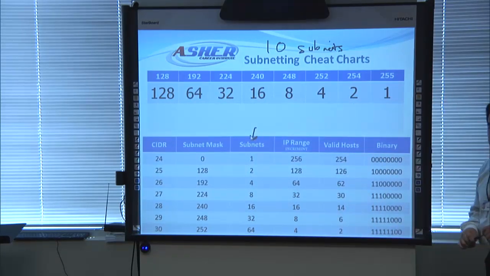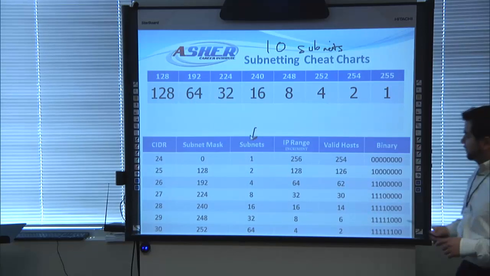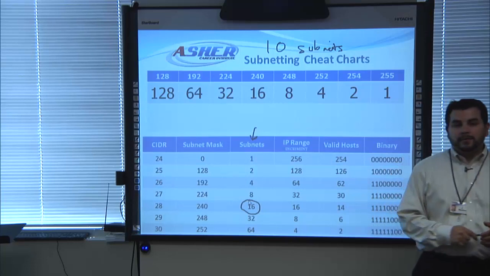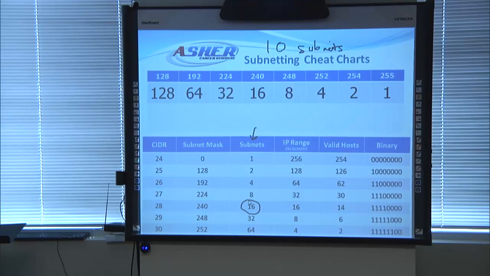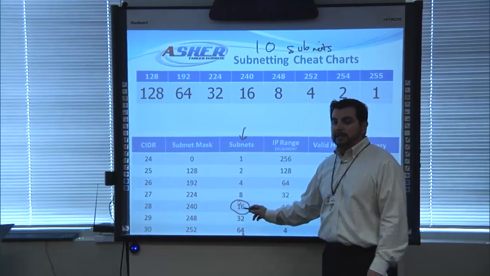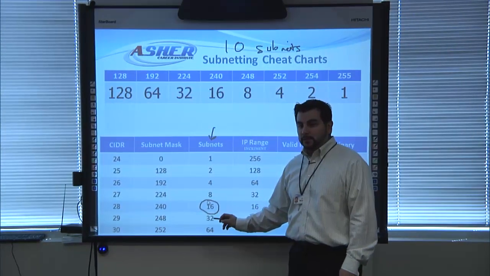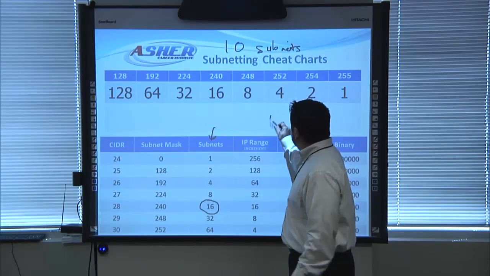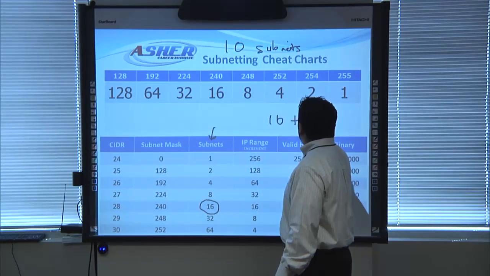How many can they do? This is the closest number to 10 without being too out of the way. Okay? So you, Bertha, would say, well, you can't do 10 even, but you can do 16, which will give you 14 available, right? So you get your 10 plus 4 extra to grow.